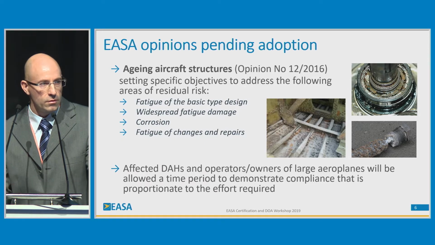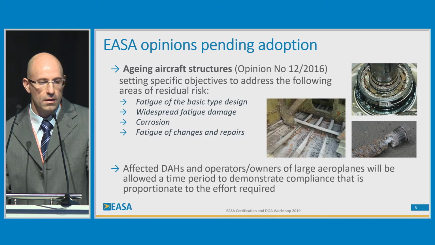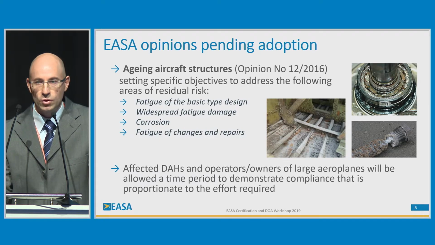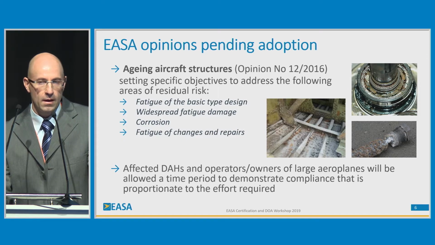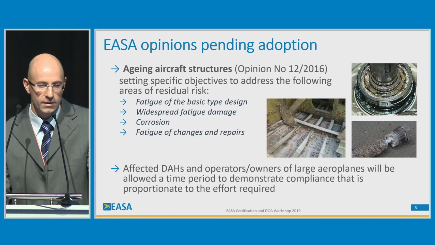The particular risks that we are focusing on are the fatigue of the basic type design, the widespread fatigue damage, the corrosion and its damaging effects, and the fatigue of changes and repairs applied to the aeroplane.